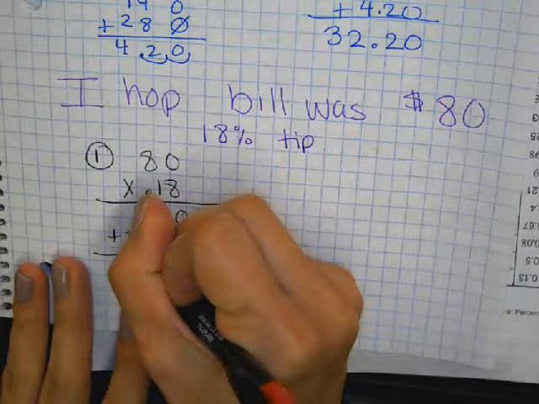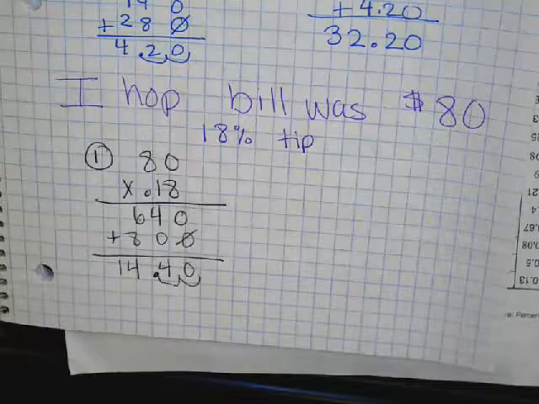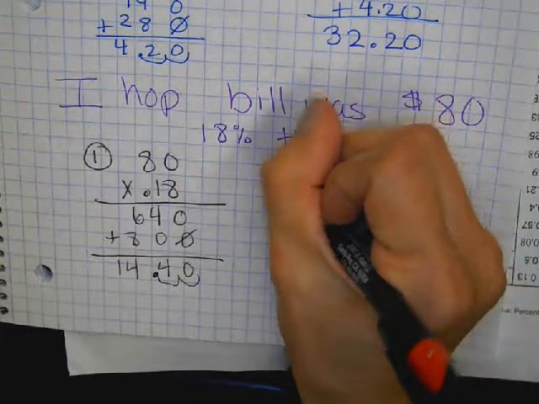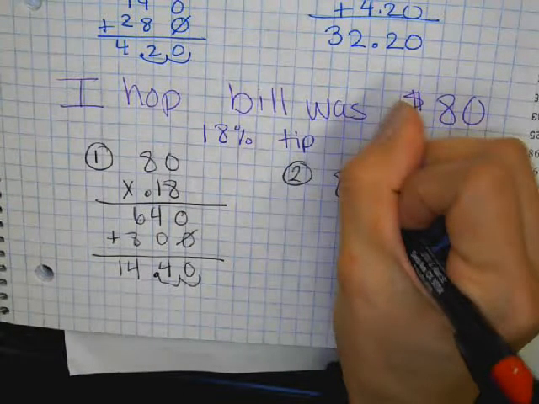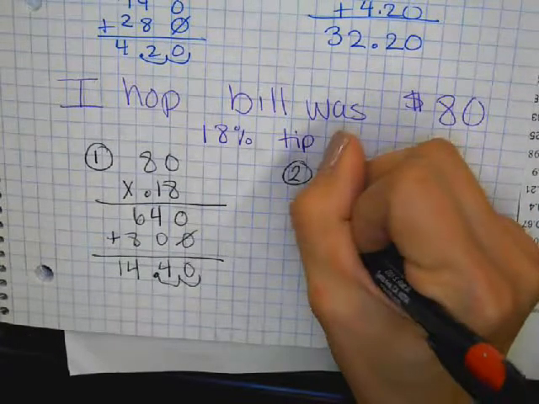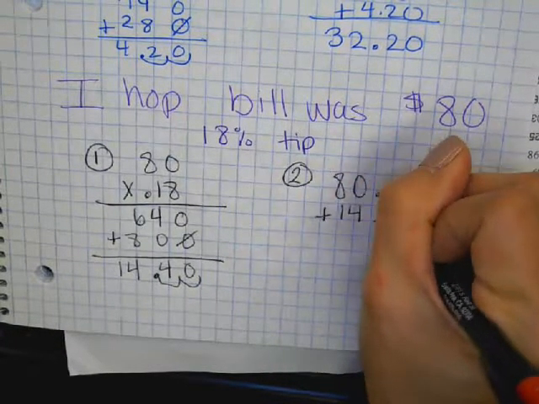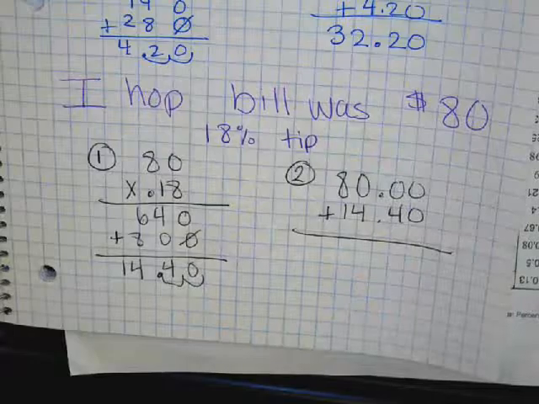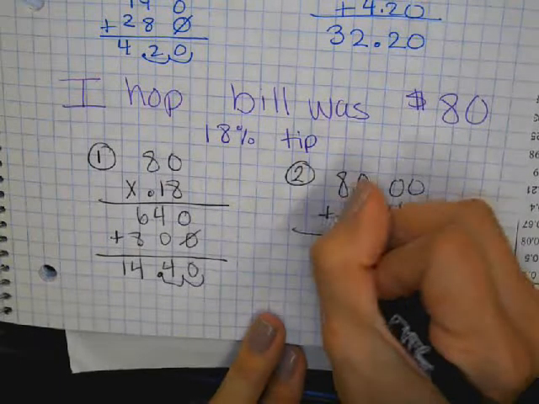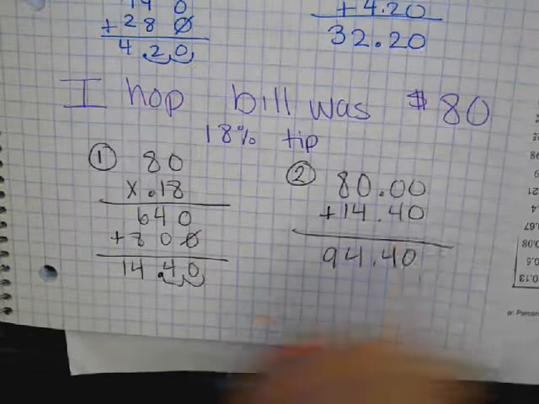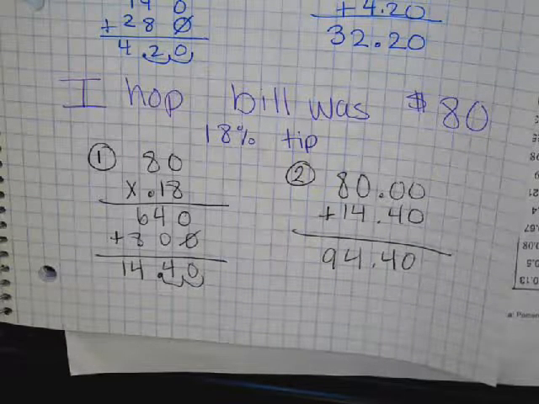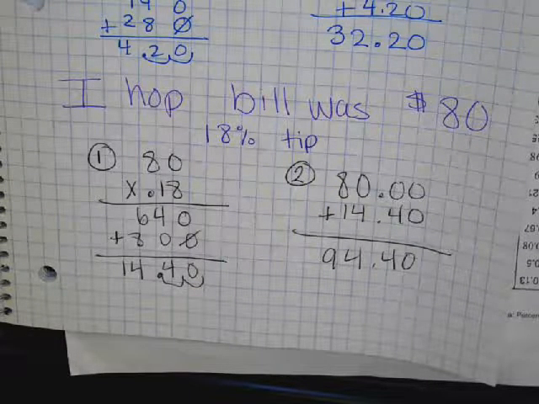How much tip am I going to leave? Good. So, $80 plus $14.40. Who wants to give me the grand total? Melissa? 94.40. How many of you were able to get that answer before we did? Good job. Good job.